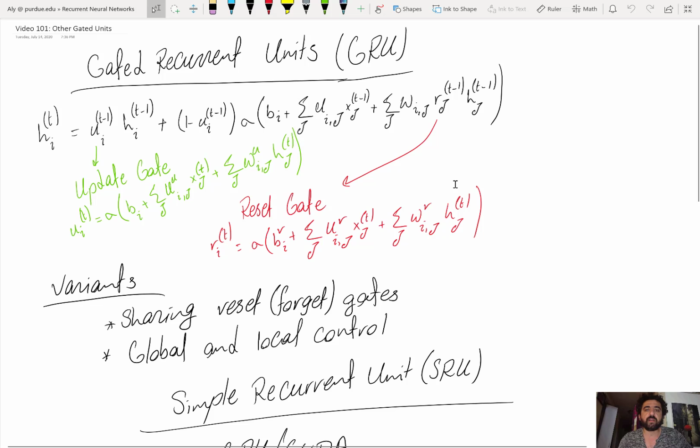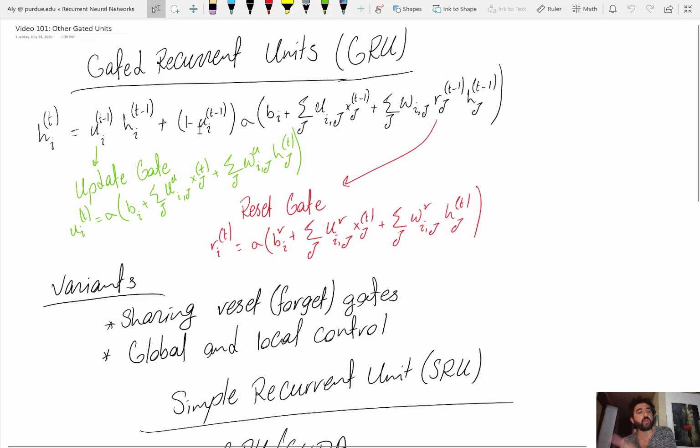So here the state at time t depends on the inputs up to time t minus 1 in the notation here. So ui of t minus 1 determines how much I would allow hi of t minus 1 to go into hi of t, and 1 minus ui of t minus 1, the complement, right?